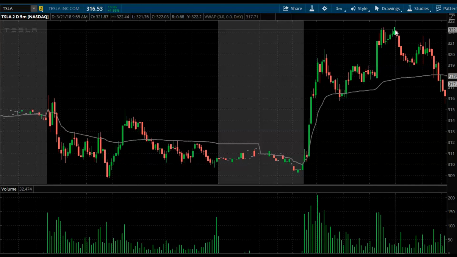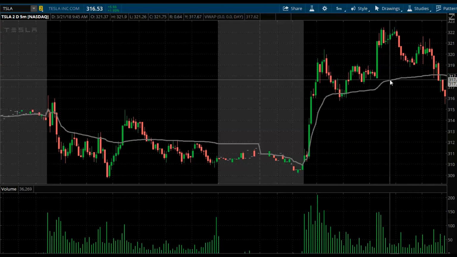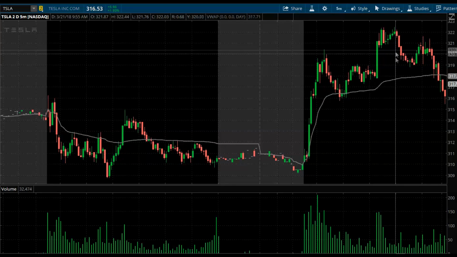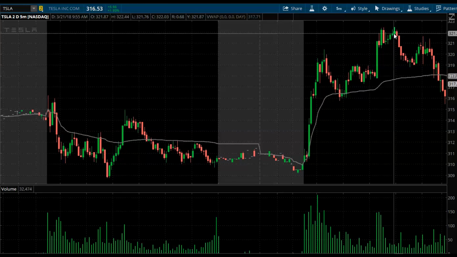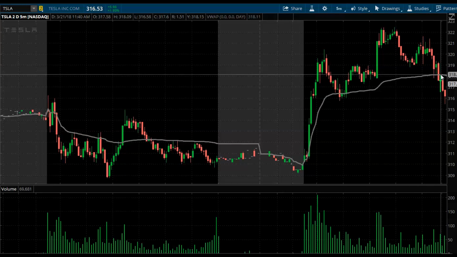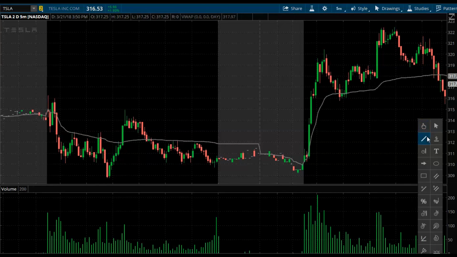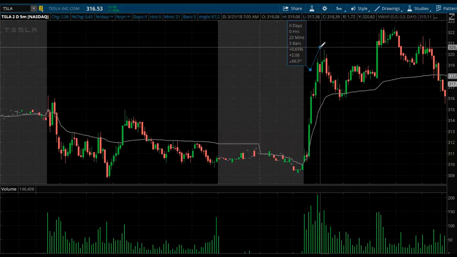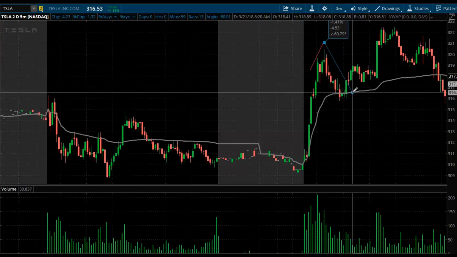You're at 322 with a 317 VWAP, so you've got this amazing spread between these two. And what happens? Either the stock is going to have to stay put and let the VWAP catch up, or the stock's going to come back down into the VWAP, right? So the same scenario plays out on two separate occasions. You get a ramp up and then a retest into the VWAP.